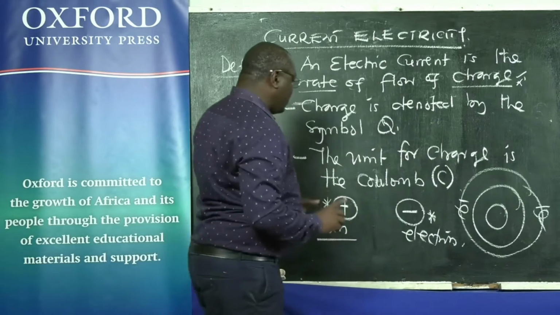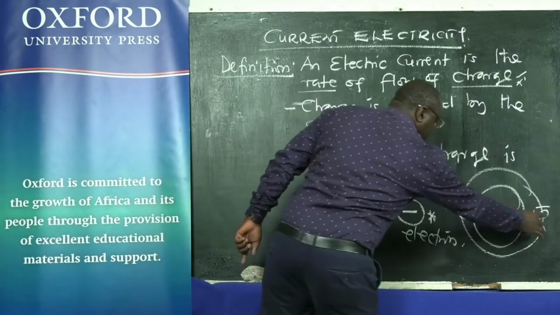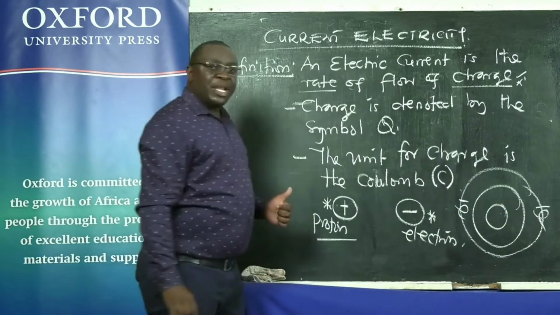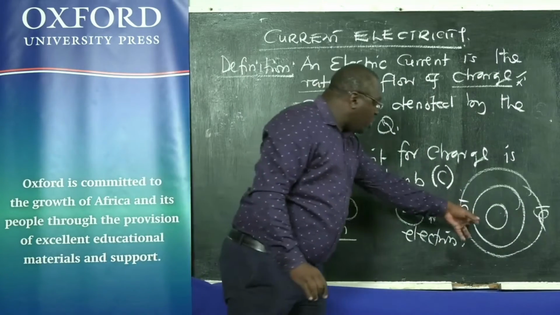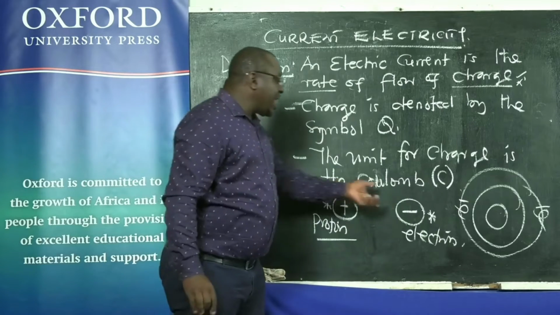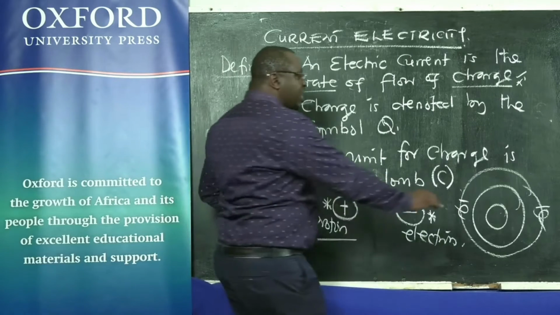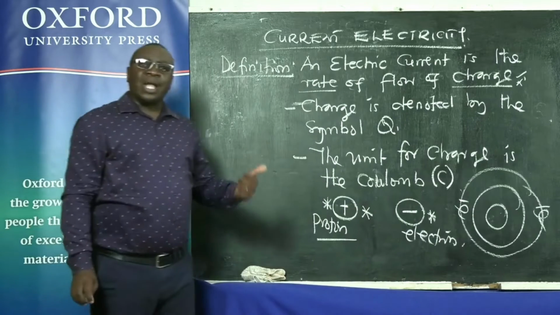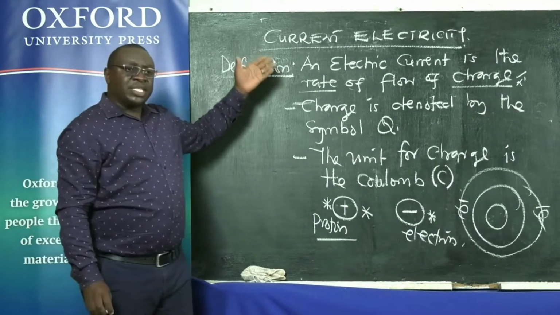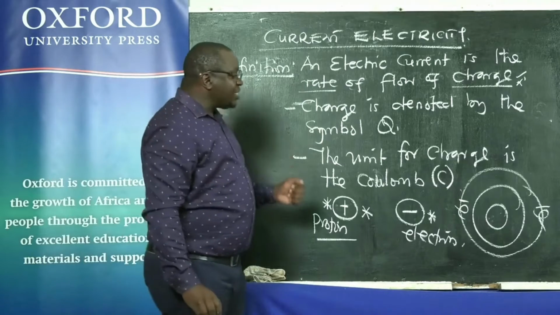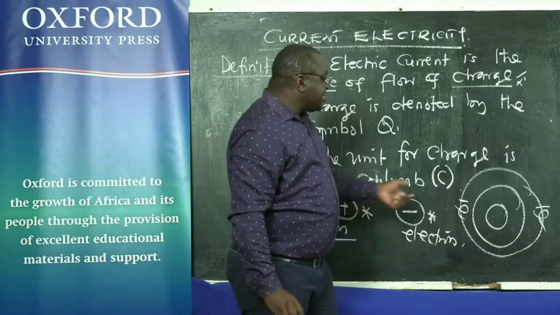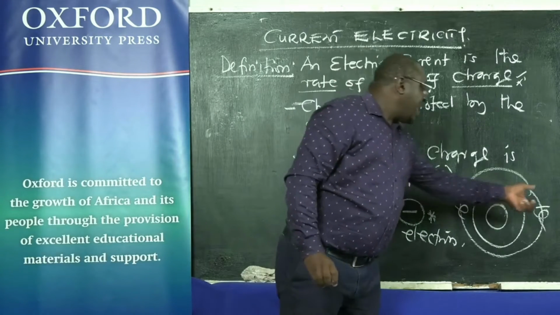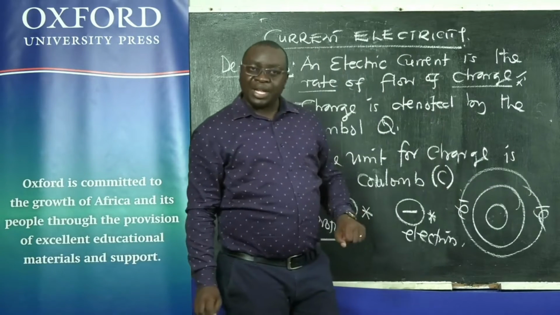If an atom has lost some electrons, it is going to have more positives than negatives, hence leaving a net charge on this atom of what? Positive. So charges arise as a result of the difference or variation in the number of electrons in a particular atom.